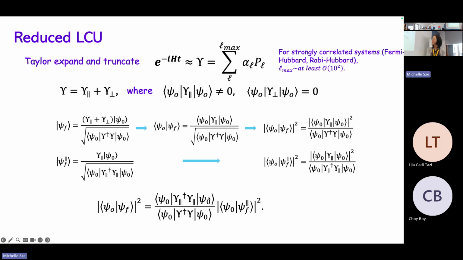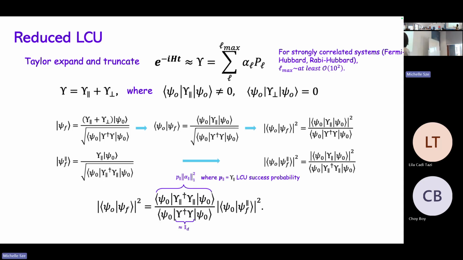But anyway, the bottom line is there's this renormalization factor where the numerator is related to the success probability of doing the parallel group LCU times the L1 norm squared of that LCU. And the denominator is approximately equal to 1, since the operator we're considering here is the time evolution operator.